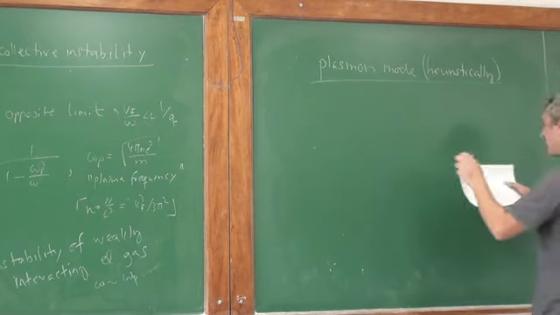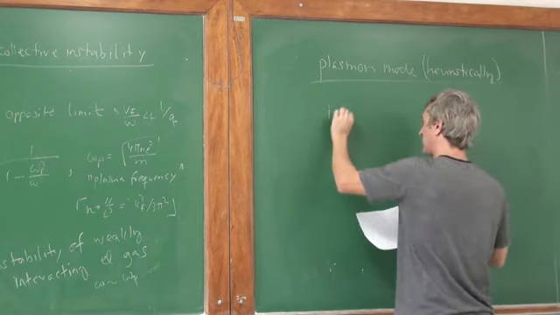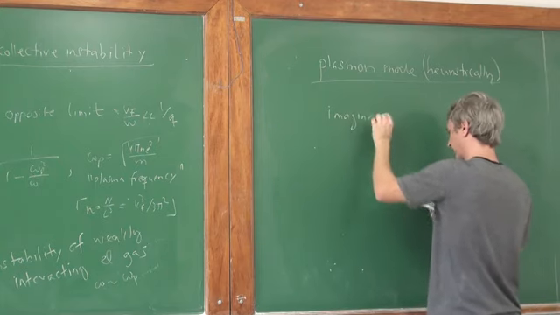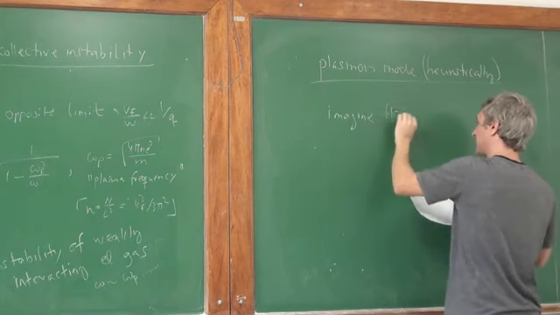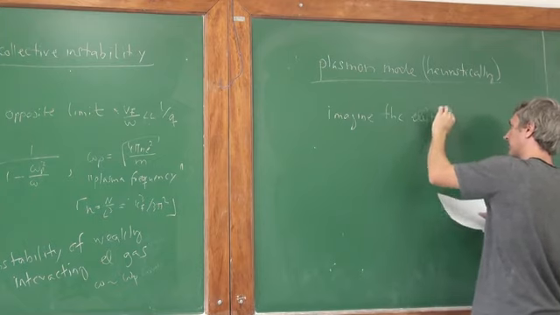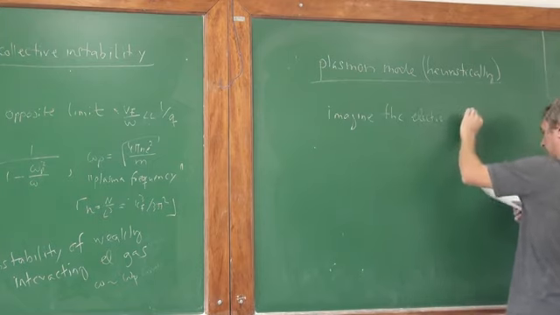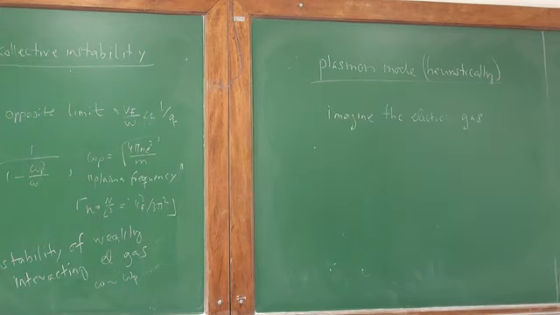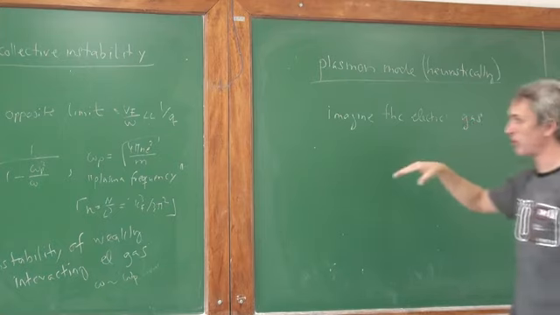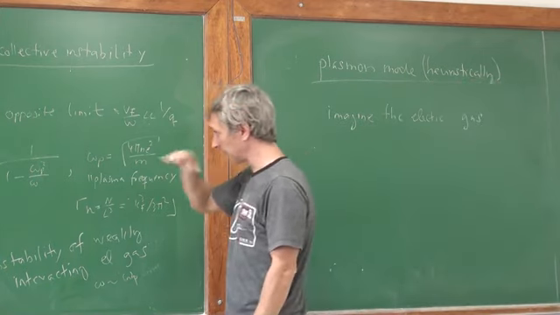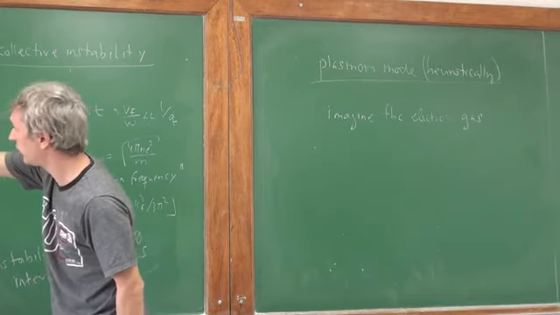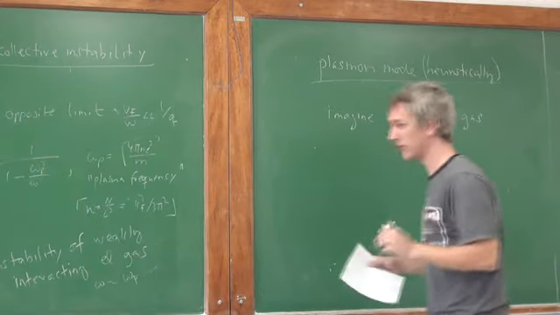Okay, so let's imagine the following. Imagine the electron gas that we start out from, which is charge neutral because it sits on a positively charged ionic background, which compensates for the static component. So the q equals 0 component of the potential we always set to 0.